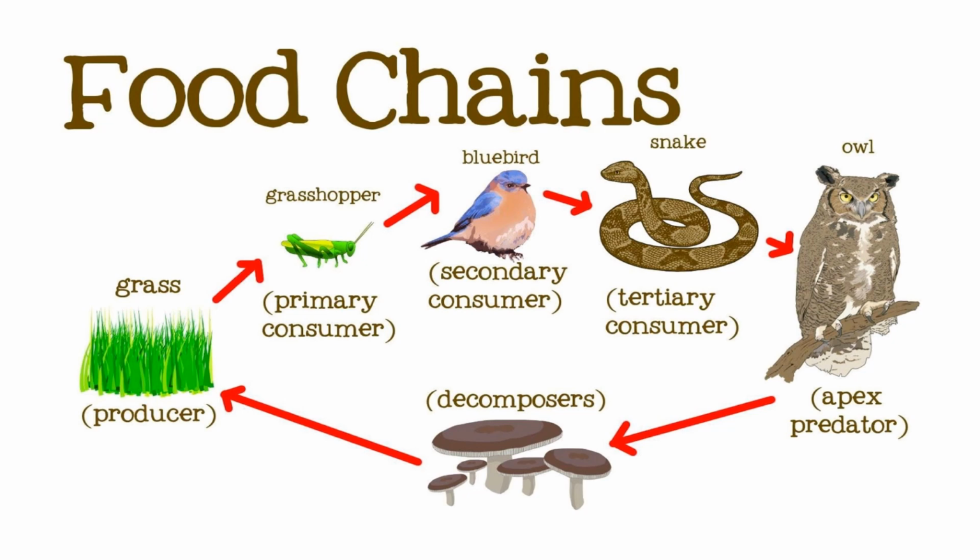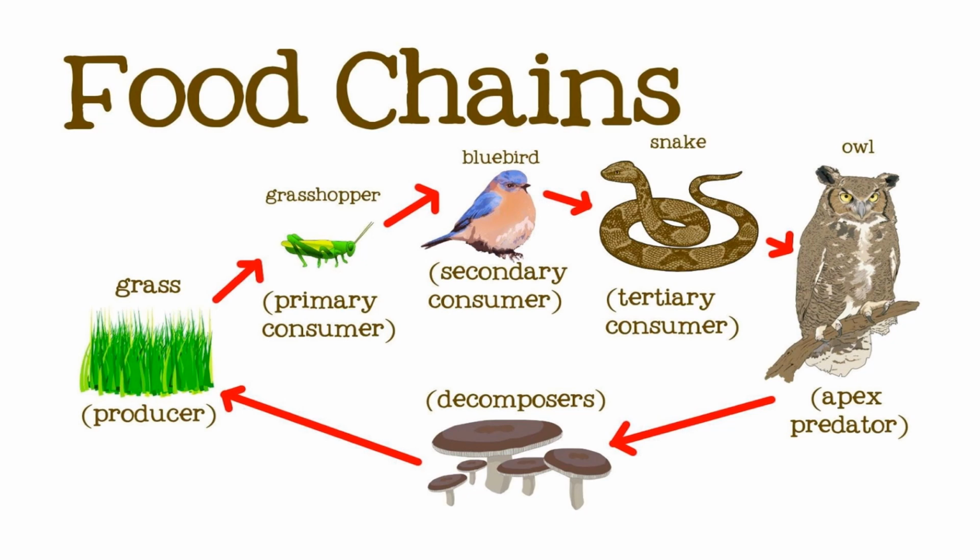Grass is the producer, which is eaten by the grasshopper, and therefore the grasshopper is the primary consumer. Then the grasshopper is eaten by the bluebird. The bluebird is the secondary consumer.